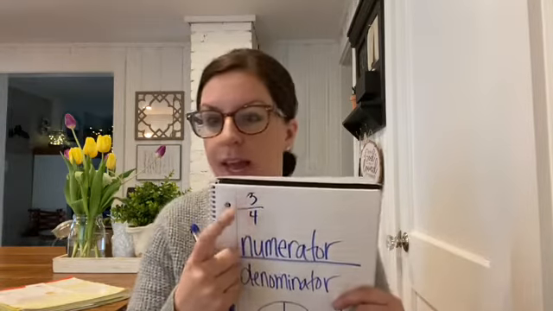Okay, so 14 has how many red parts? 3. And number 14 has how many parts in all? 4. So we know what that fraction is going to look like. It's going to look like 3/4. 3 out of 4.